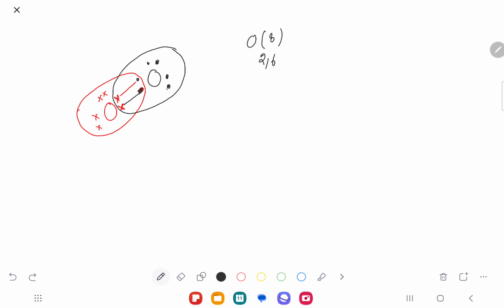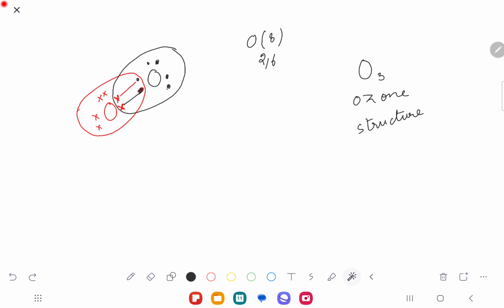So two covalent bonds, thereby a double covalent bond. But the O3 structure, the ozone structure, what do you think would happen in this? Tell me. In the ozone structure, one oxygen has three bonds and a positive charge, and there will be one oxygen which has only one bond and a negative charge. Exactly.